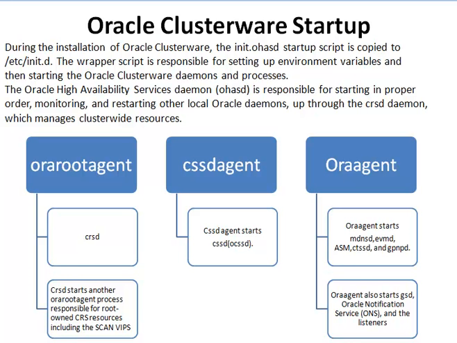So the Oracle root agent will start CRSD. CRSD starts another Oracle root agent process responsible for root-owned CRS resources, including the SCAN VIPs. The CSSD agent starts CSSD and OCSSD.